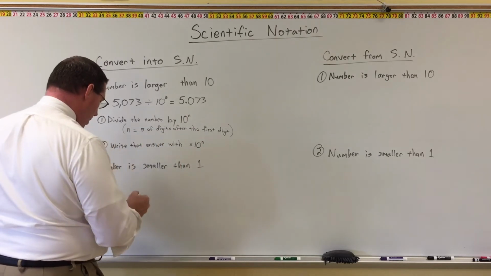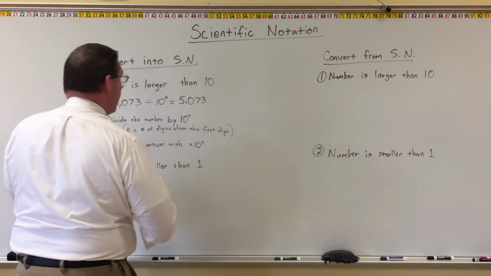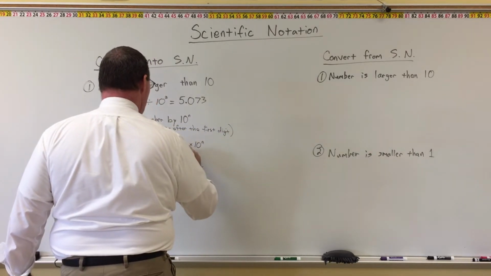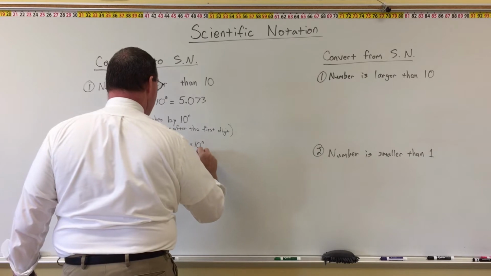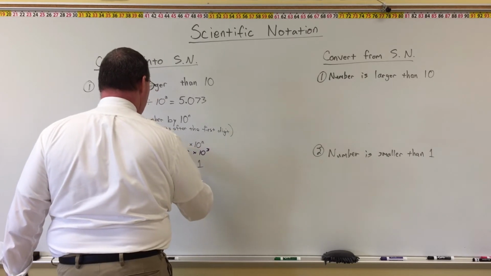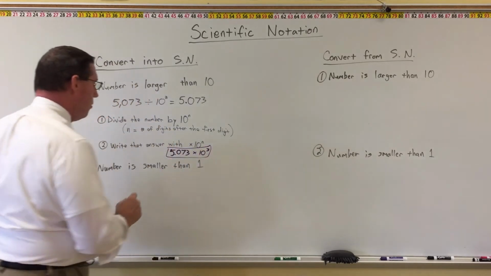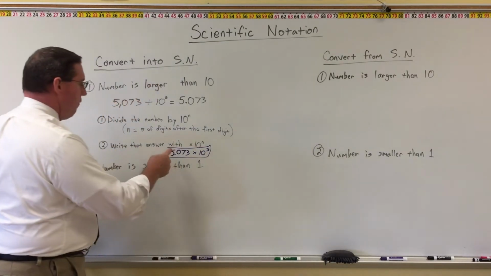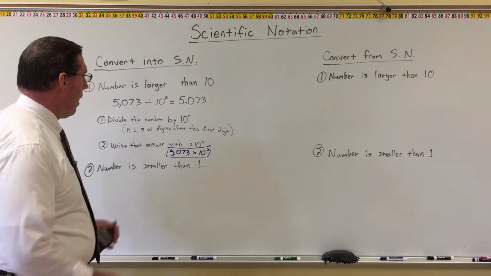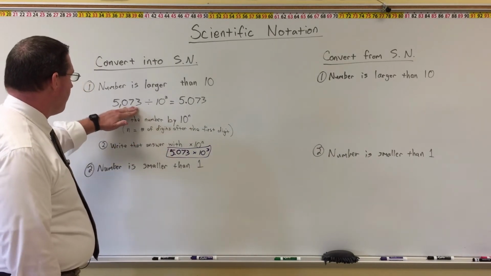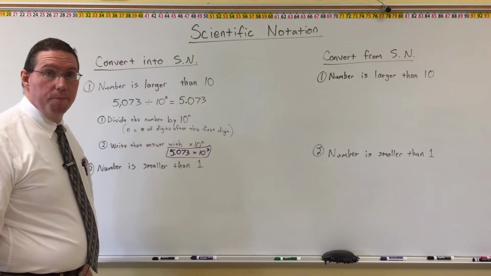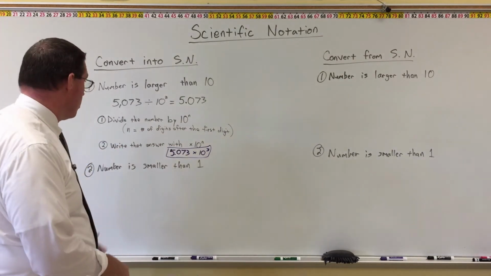So my answer here is going to be 5.073 times 10 to the third power, and I'm done. There we go. Two-step process. Very, very easy. 5.073 times 10 to the third power. I have just turned the number 5,073 into scientific notation. Okay? We'll do a couple more examples in just a little bit.